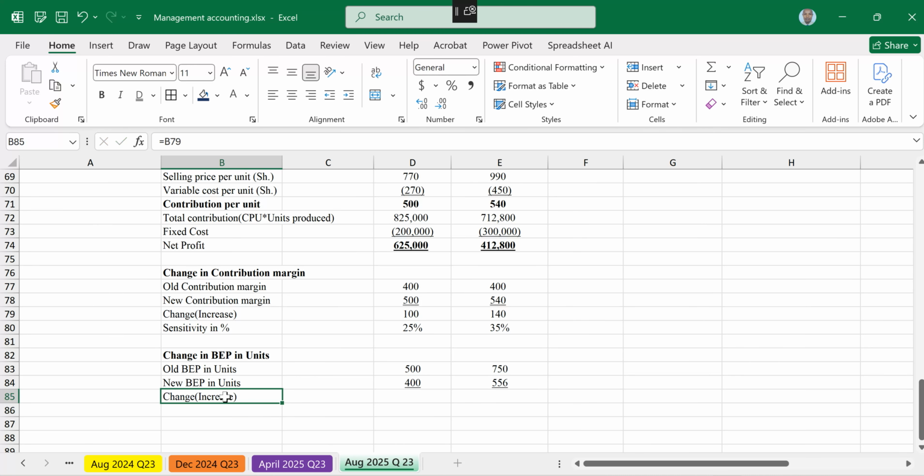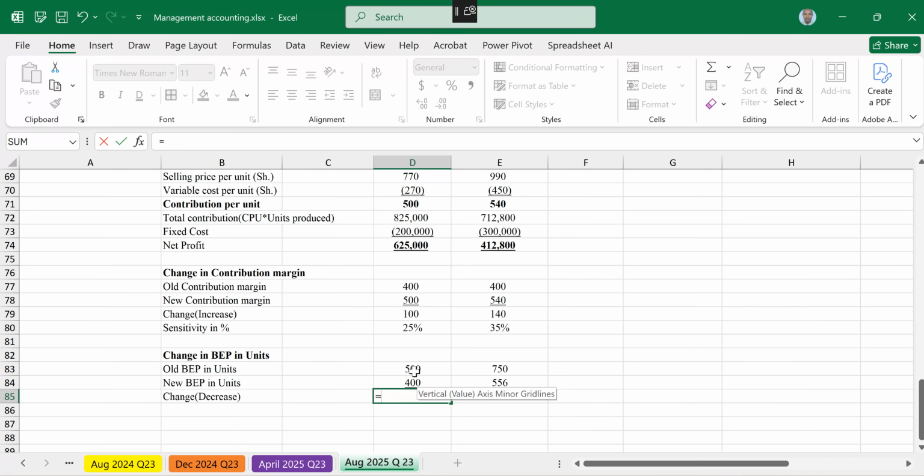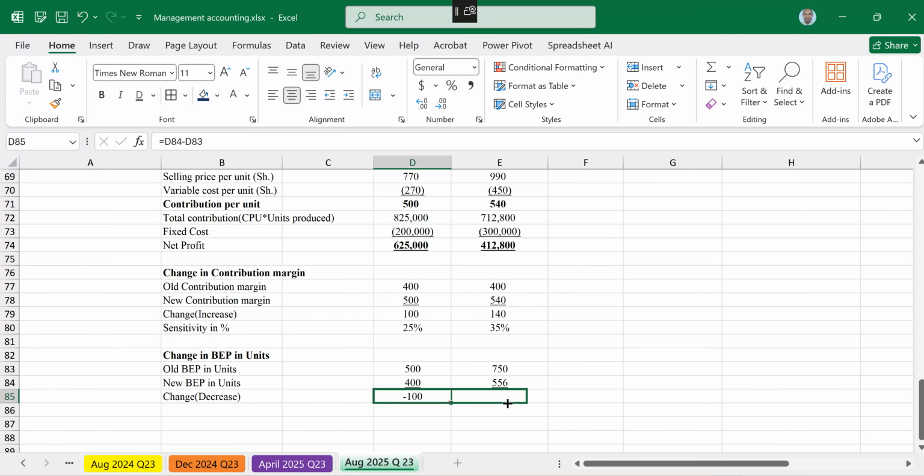So change, decrease: 400 minus 500, a decrease of 100. Drag across, the other one is decreasing by 195 to one decimal point. We get 194. Which means BEP has decreased in units.